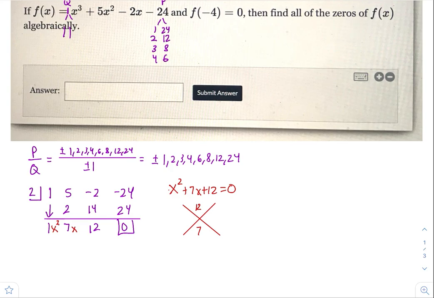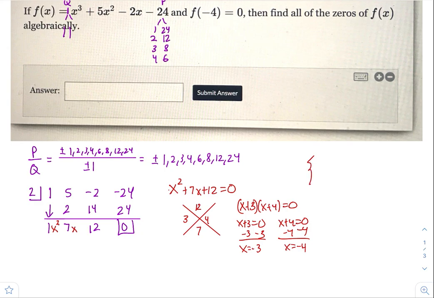Two things that multiply to 12 but add to 7 are 3 and 4. So x plus 3 and x plus 4 is equal to 0. To find our zeros from the quadratic, set both of those equal to 0. X equals negative 4, x equals negative 3. So our zeros are 2, negative 3, and negative 4.